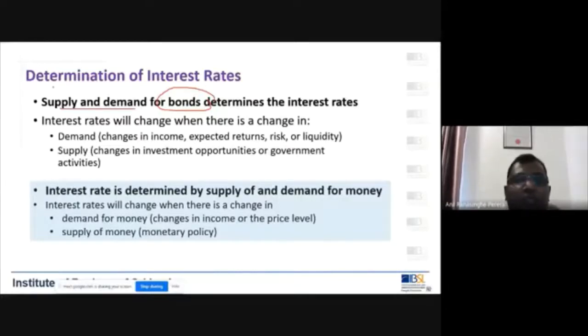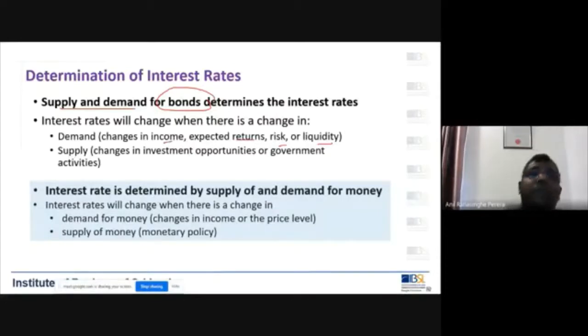Demand for bonds could change due to various factors like income, returns, risk factors, liquidity. All these could affect the demand side of the bond market. Similarly, on the supply side of the bond market, changes in investment opportunities and government activities could have an impact.